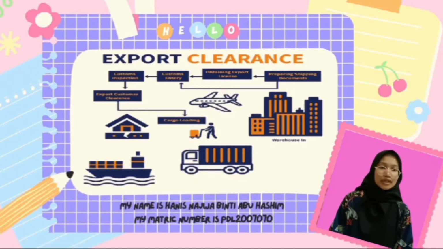Okay, so now I will move to the main point of this presentation, which is the process flow of documentation based on the information from the report of micro. Export clearance. For this process flow, the exporter can use the freight forwarder, who then books the cargo with a carrier.